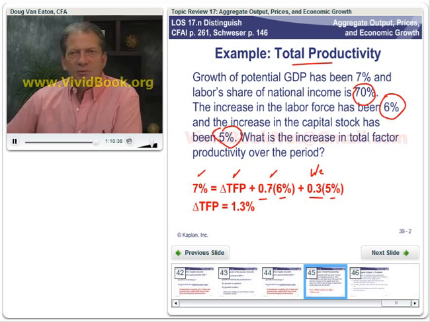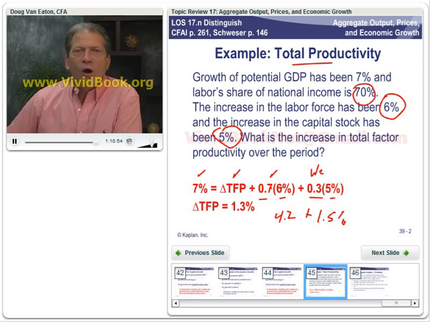Well, we find that total factor productivity equals 1.3%. Because 70% times 6%, well, that's 4.2% there. And 30% times 5%, well, that's going to be 1.5% there. Add those up and get 5.7. Well, overall, we saw an increase of 7% in output.